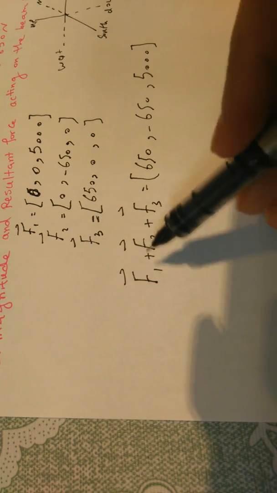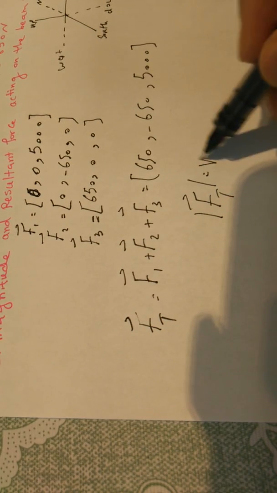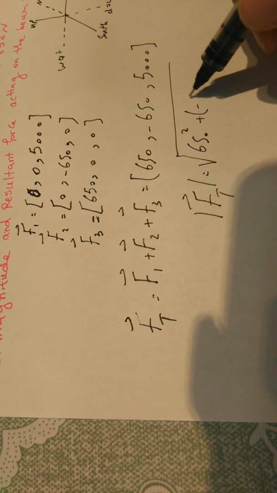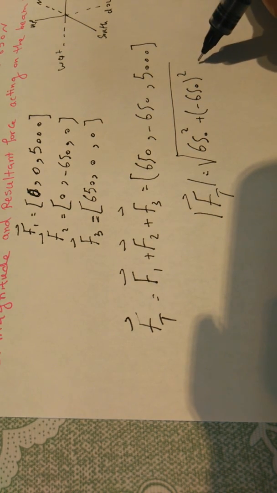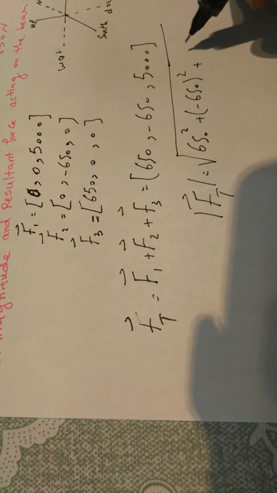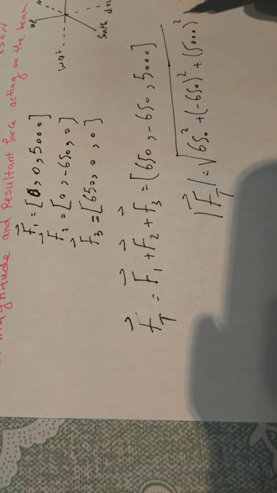Now I want to find the magnitude of the force total. I call it force total. Magnitude of the force total is going to be x component power 2 plus y component power 2 plus 5,000 power 2.